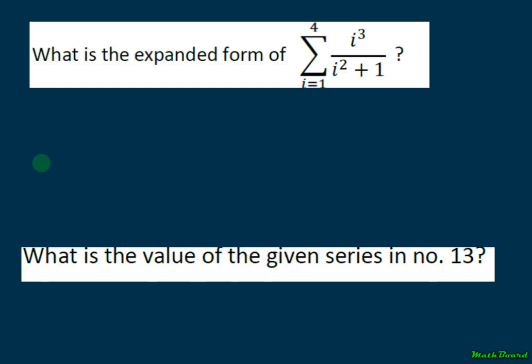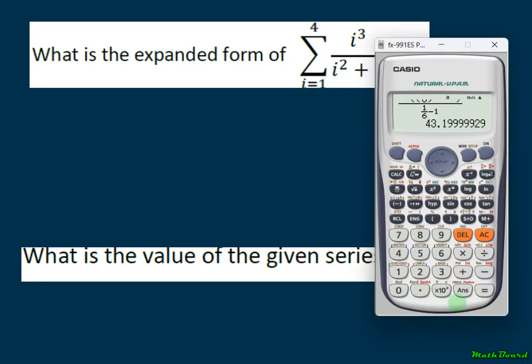What is the expanded form of the given series? That's the summation of i cubed divided by i squared plus 1 from 1 to 4. This means that you just have to replace i by 1, 2, 3, and 4 and form the sum. To make it easier, we can just use our calculator.